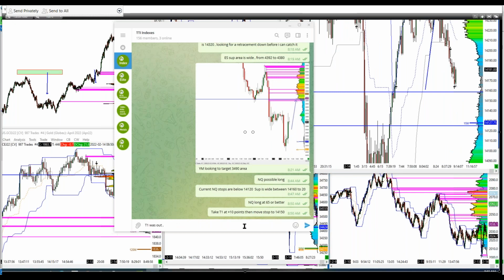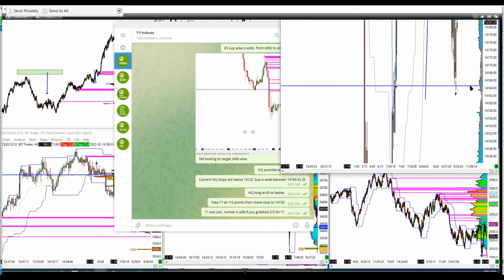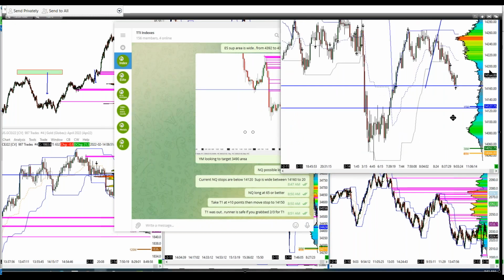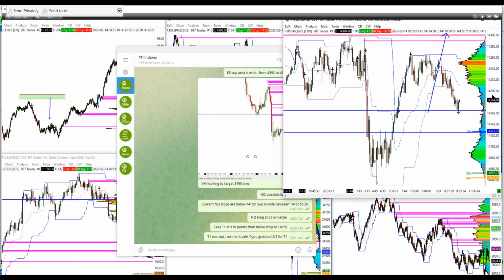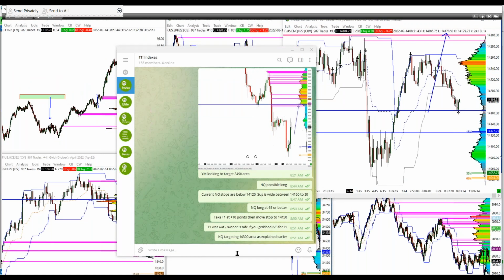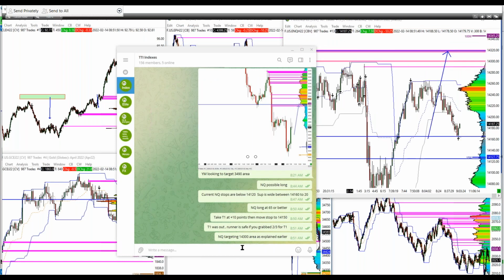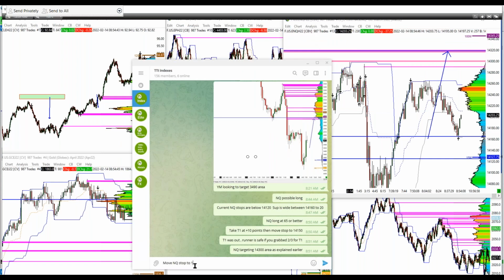Stop loss goes up. First target is out. As you see, first target is out. What's next? Now we wait for the target. Of course, we moved the stop loss a couple of times. All right. NQ targeting 14300. You see it. That was about 1,500 ticks, I think. Move stop. I'm typing into them.